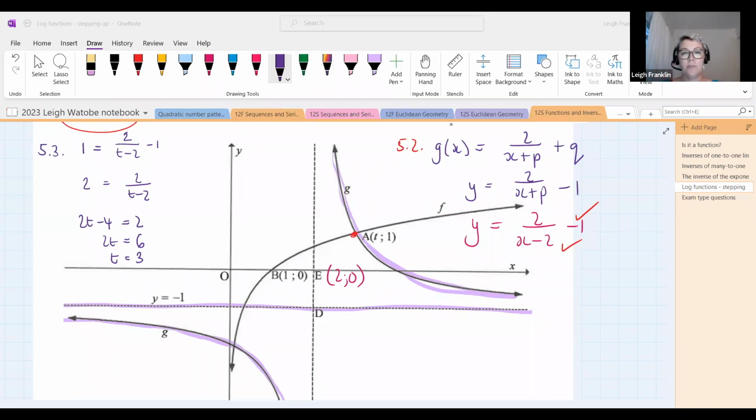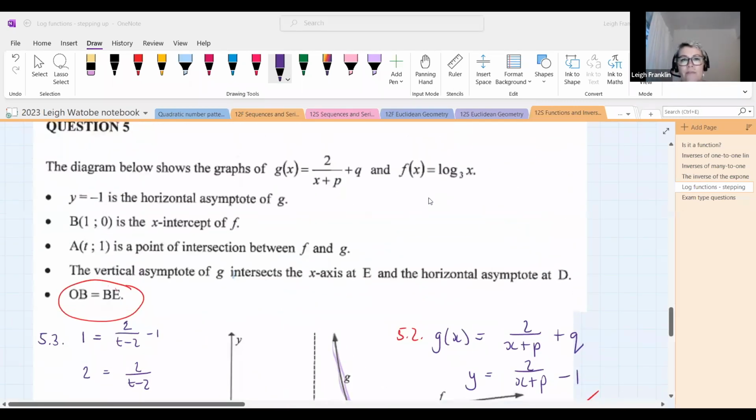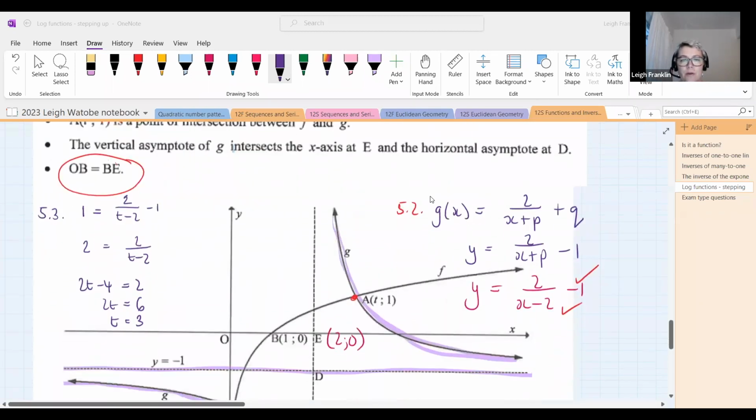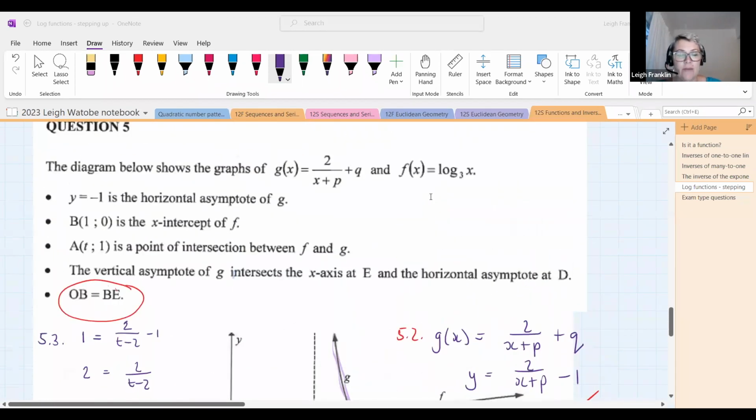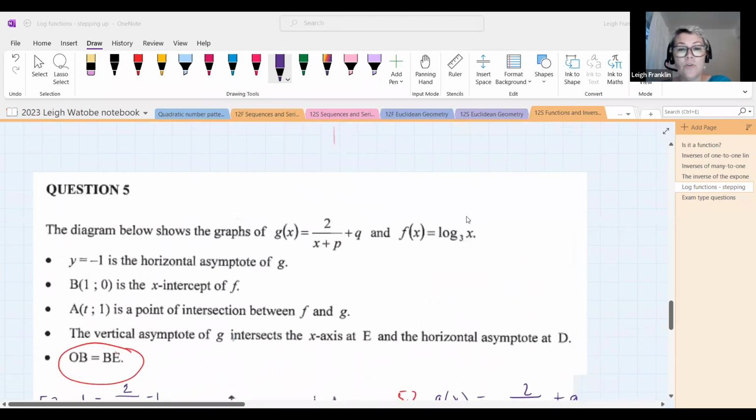Is it also possible for us to use the equation of f to calculate t? Could we also use the equation of f to calculate t? What do you think? Because A lies on g and it lies on f. Do you think we could use the equation f? Yes, absolutely. So as an alternative, subbing into the equation for f, you know that x is equal to t and y is equal to 1.